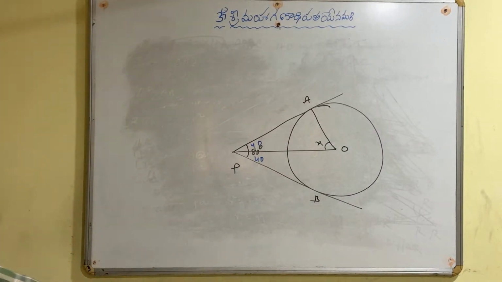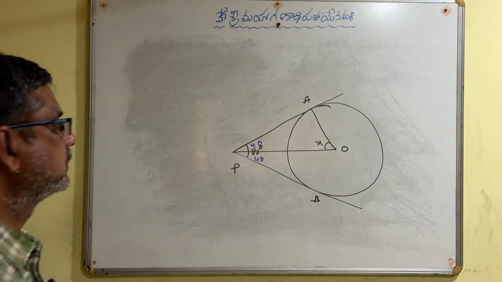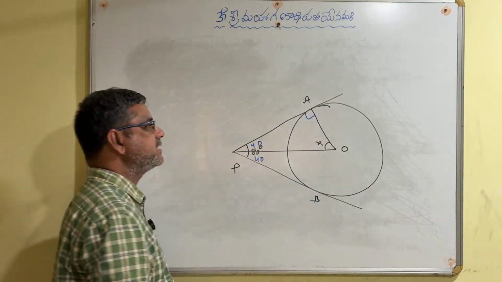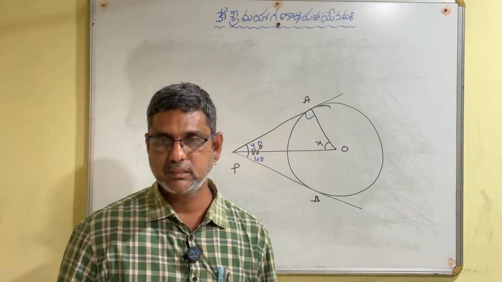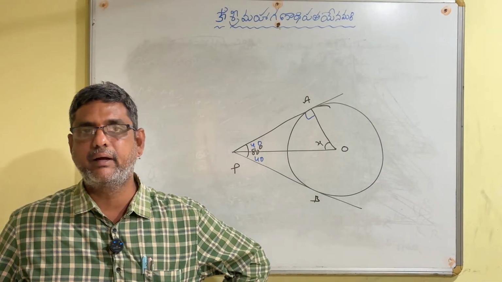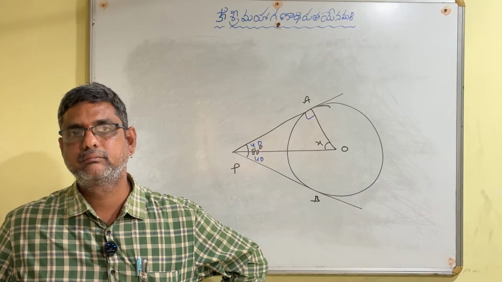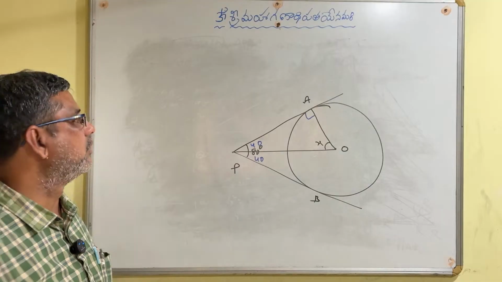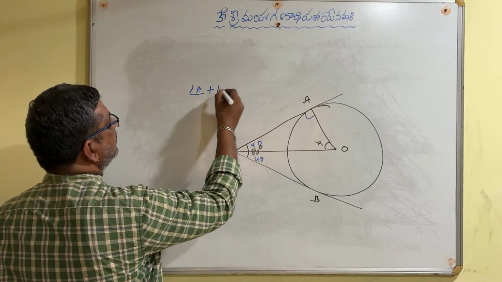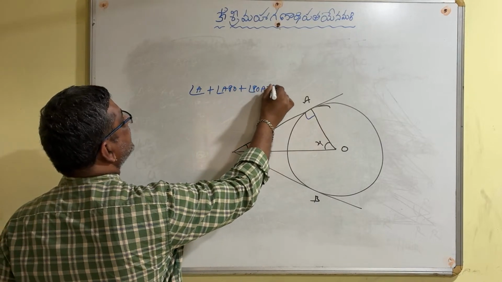I told you, 40 degrees. Then we know the radius is perpendicular to the tangent at the point of contact. Now in triangle PAO, angle A plus angle APO plus angle POA is 180.